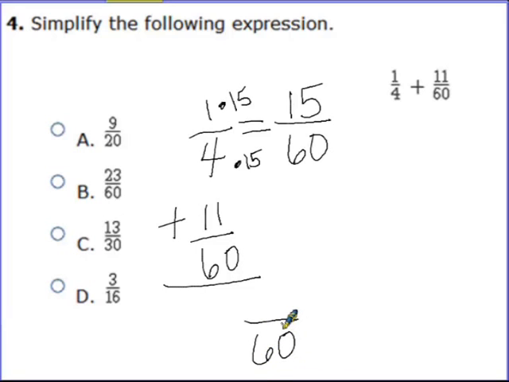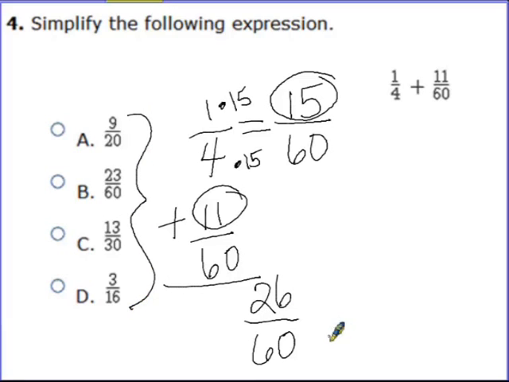And then all I do is add my numerators. So my numerator is now 15 and it's still 11. And so that would give me 26. Now, if I look over here at the answer options, I can see 26 over 60 is not an option there. But we did not make an error. We need to simplify.